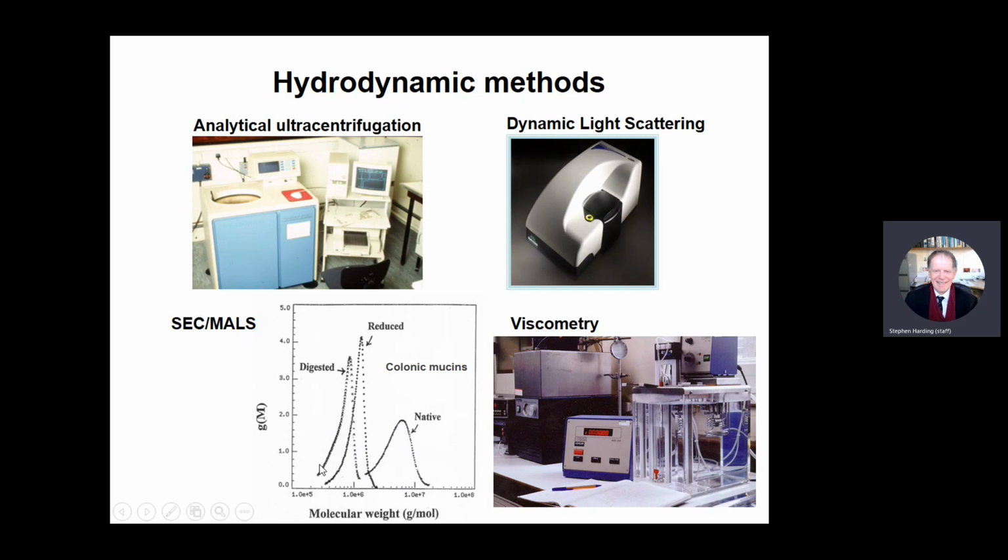This is an example of the use of SEC-MALS to look at the structure of mucins. It has a high molecular weight limit of about 3, 4, 5 million, whereas DLS can go up to huge sizes, viruses, bacteria, very large types of molecule. Although when you get to very large particles, you've got to be careful about the type of dynamic light scattering theory which applies.